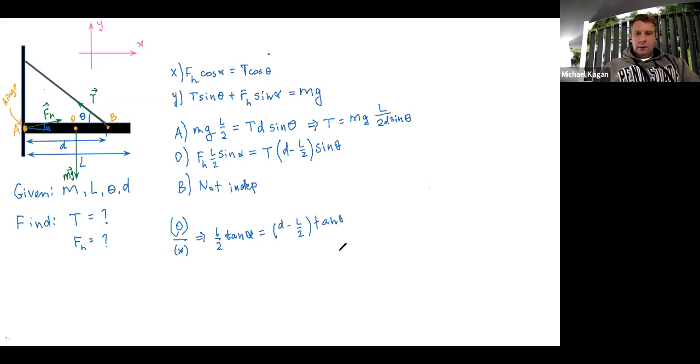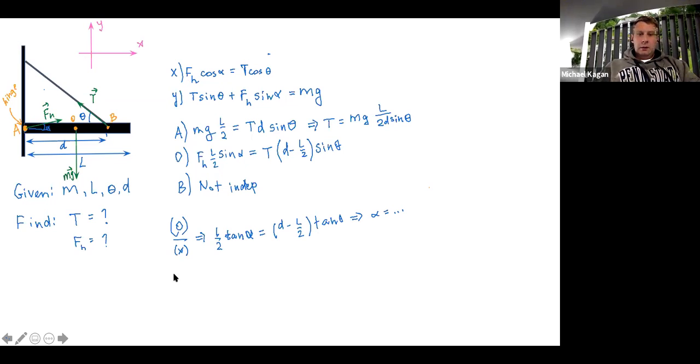Okay. It may not be super easy, but say if you have some numerical givens in the problem, that should be straightforward. Okay, from here you find alpha. And once you found the alpha, then you can, of course, use one of those equations to find F_H. For example, the X equation would probably be the easiest.